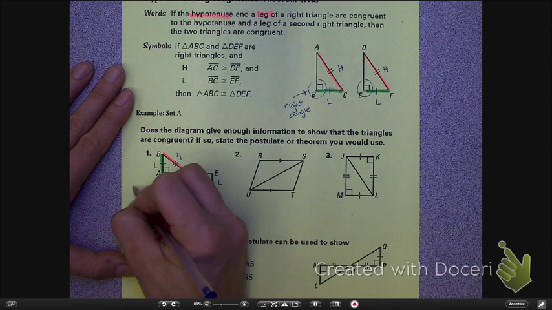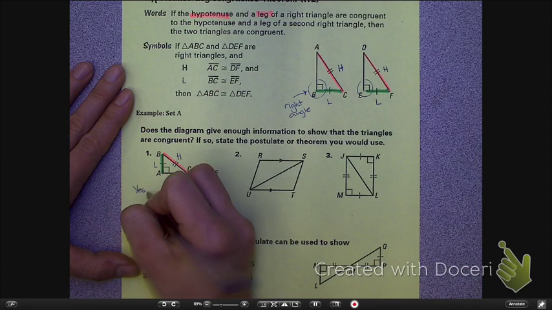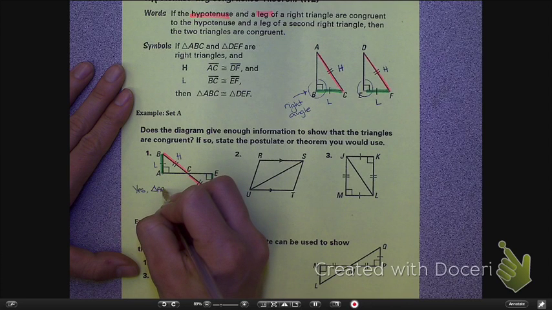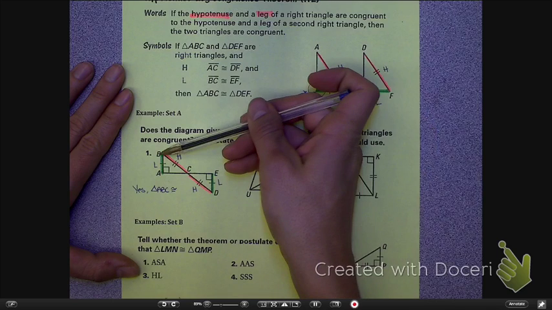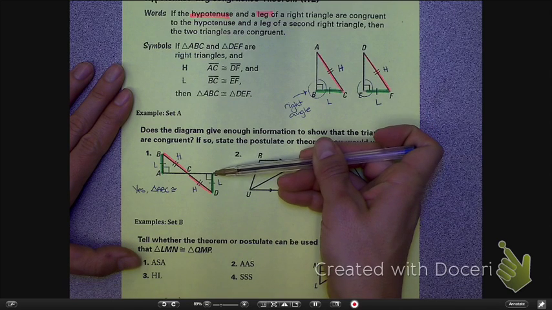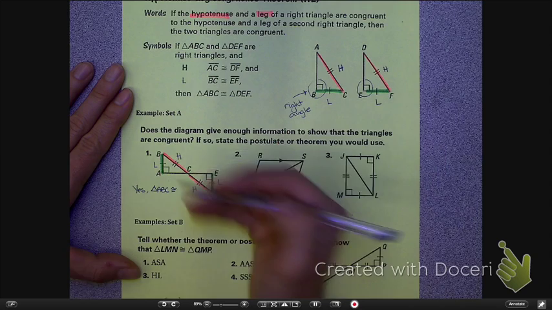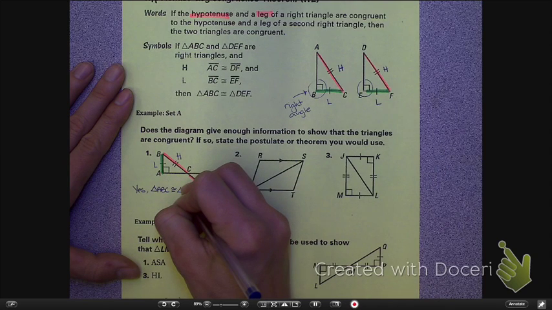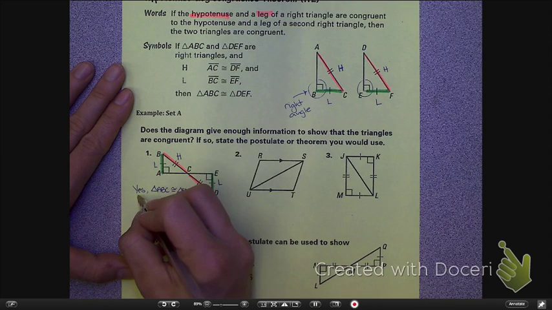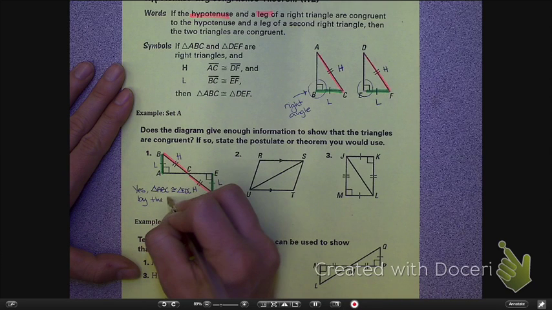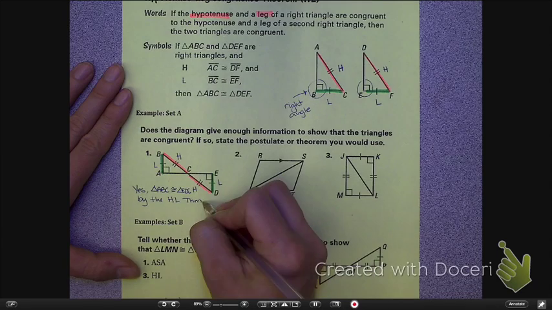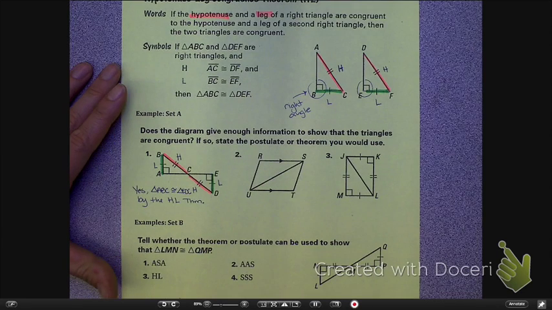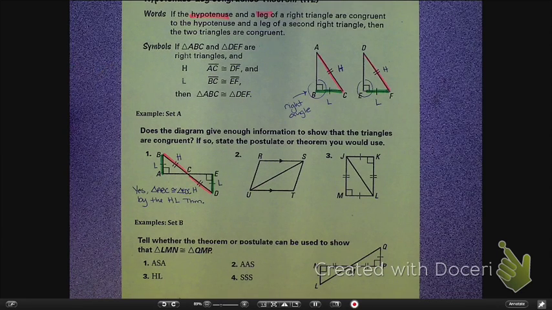So, yes, triangle ABC is congruent to, if I call this one ABC, I'm going to call this one corresponding in the correct order EDC, by the hypotenuse leg theorem. Just abbreviating that word theorem.